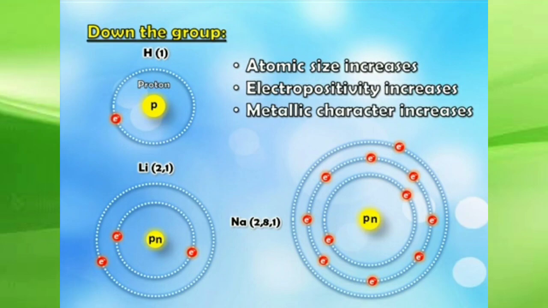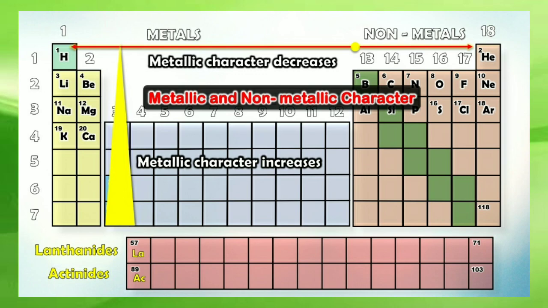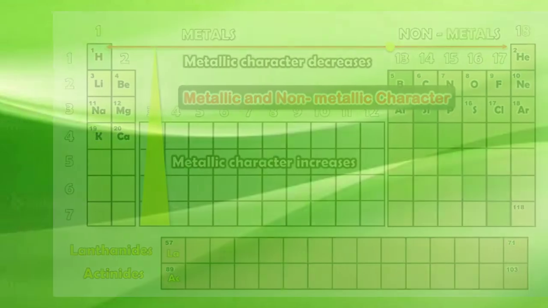So what is the variation which we can see in metallic and non-metallic character? As we go from left to right, the metallic character decreases, and when we observe down the group, metallic character increases. Look here.